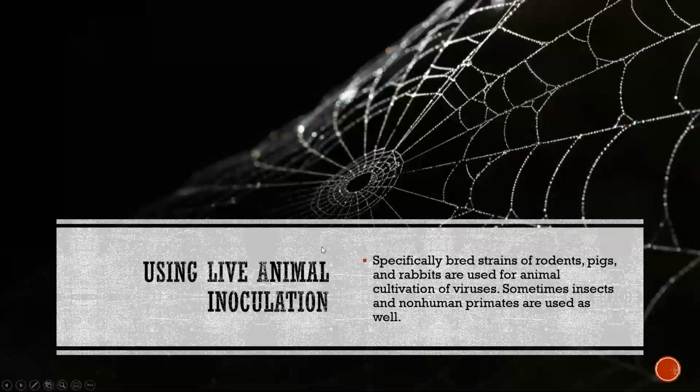For a long time, live animals were used to study viruses. There were specifically bred strains of rats and mice, pigs, and rabbits, all used to study animal viruses. Sometimes insects were used, and non-human primates were used.